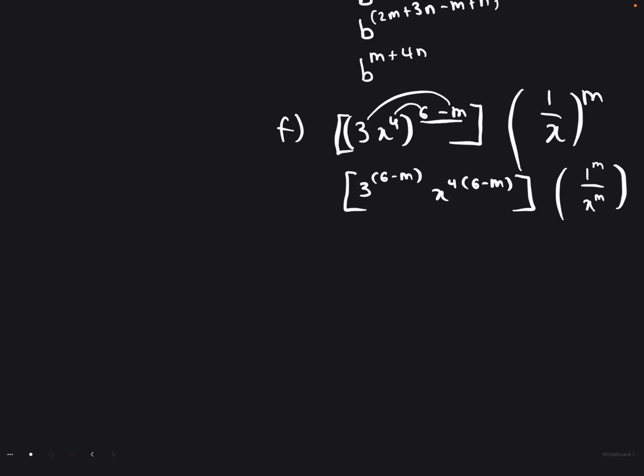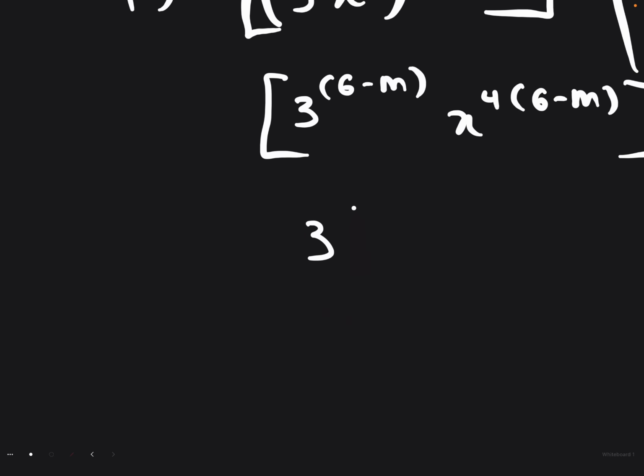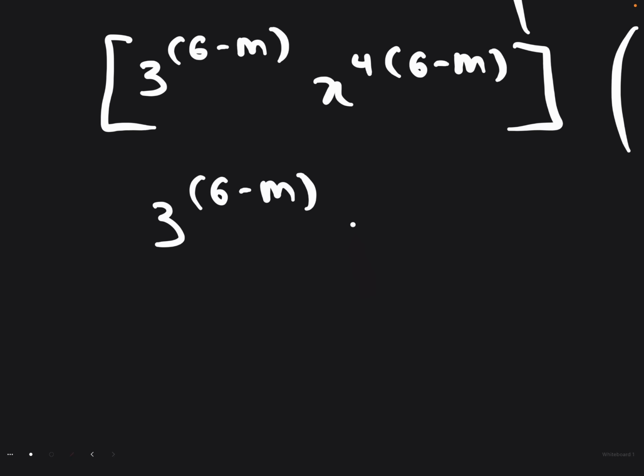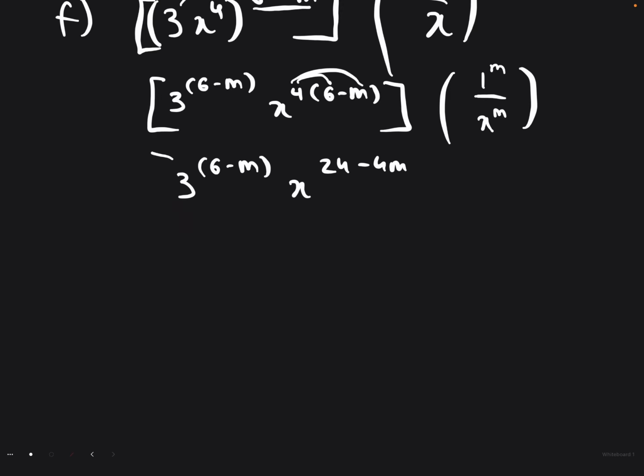Then we would leave it, so 3 to the 6 minus m, and x to the 24 minus 4m, because we're filling this in. Then we would do 1 to the m over x to the m. Now we know 1 raised to anything is just 1, so we could remove that 1.